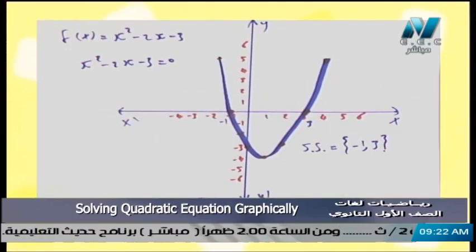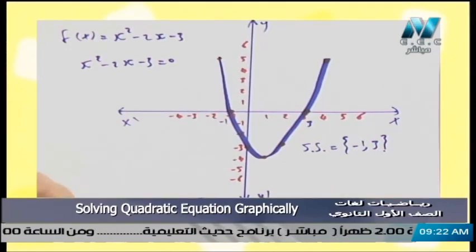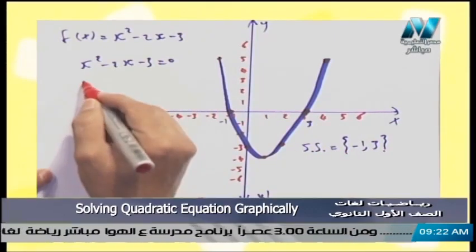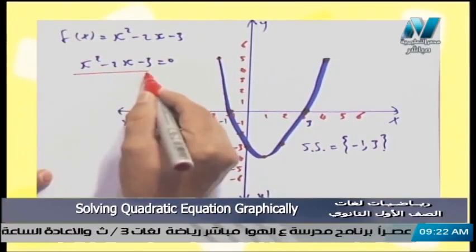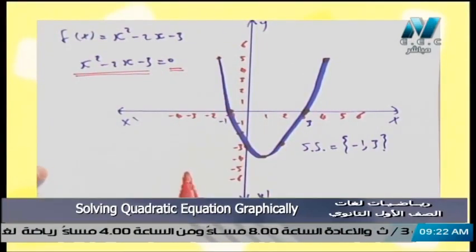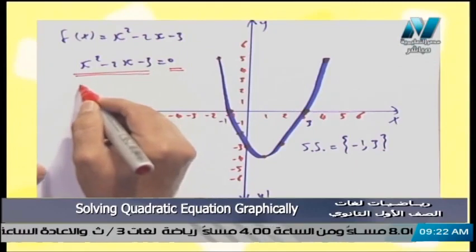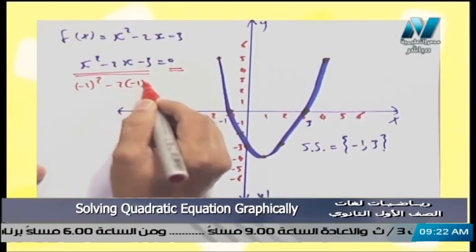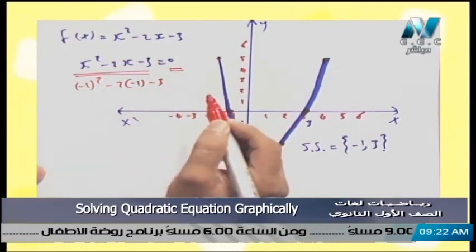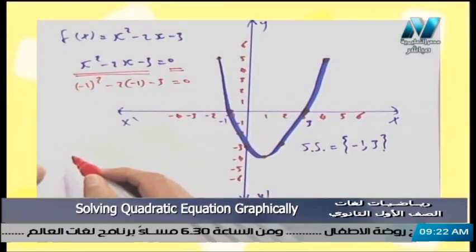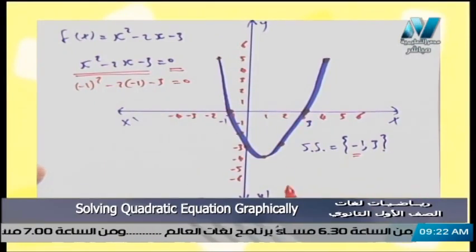If we substitute x power 2 by -1, the left hand side will definitely equal 0. Let's look at it. -1 power 2 minus 2 multiplied by -1 minus 3 equals 0. So it satisfies the equation.